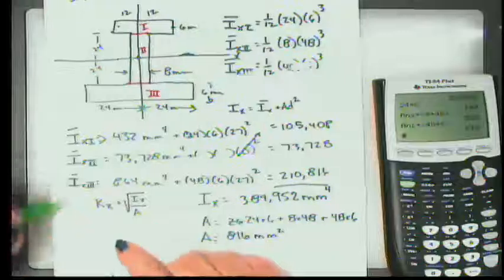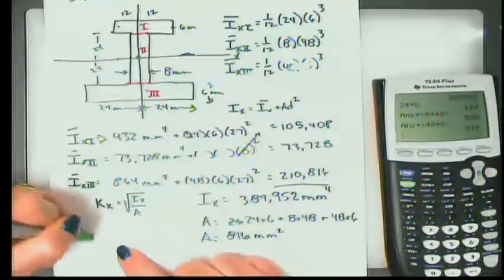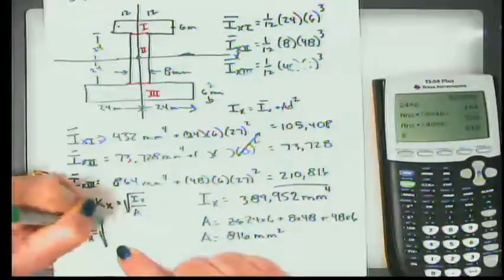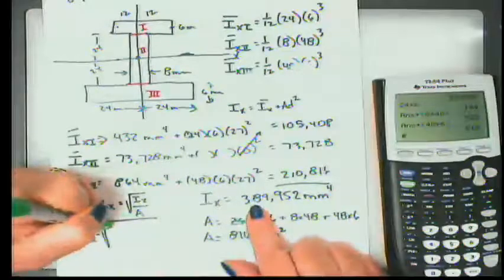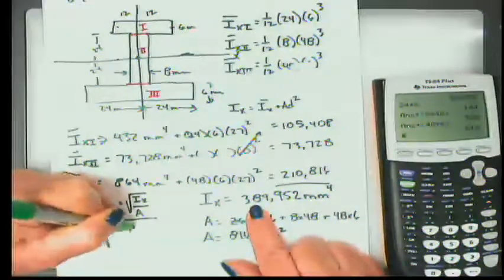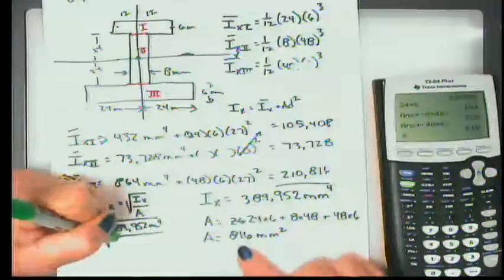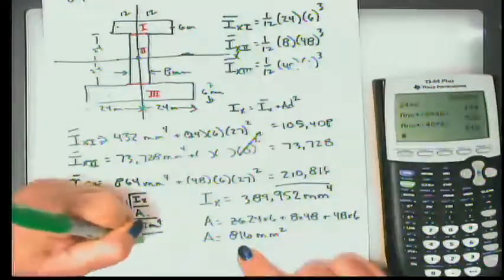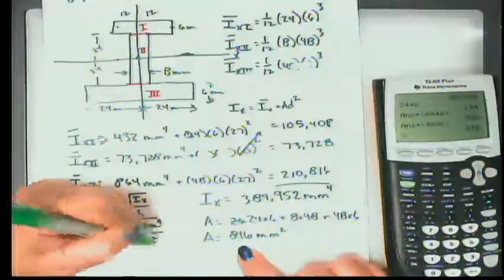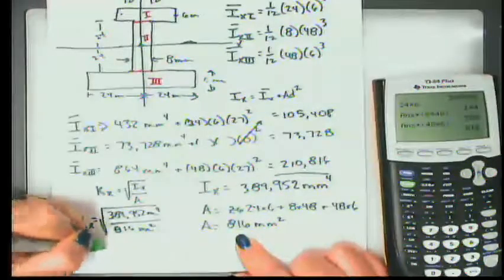So coming back over here, radius of gyration then is equal to the square root of 389,952 millimeters to the fourth over 816 millimeters squared.